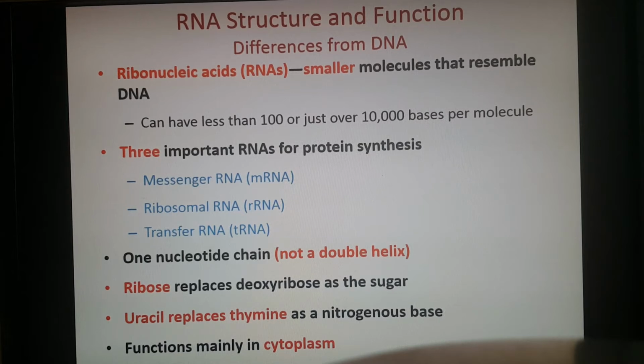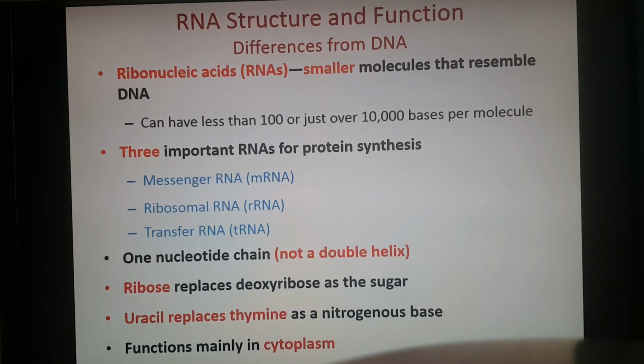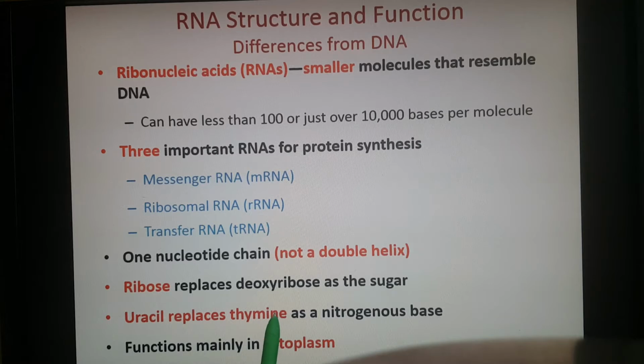So your other type of nucleic acid inside the cell is called RNA. Your RNA is different from the DNA only in two ways. Instead of deoxyribose sugar, it's ribose sugar for RNA, and uracil replaces thymine as your base.